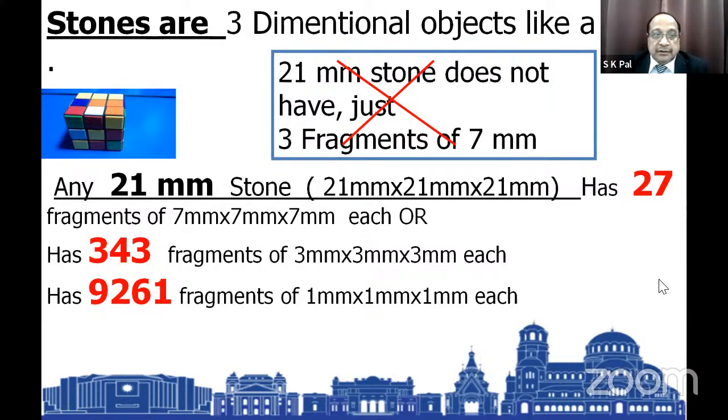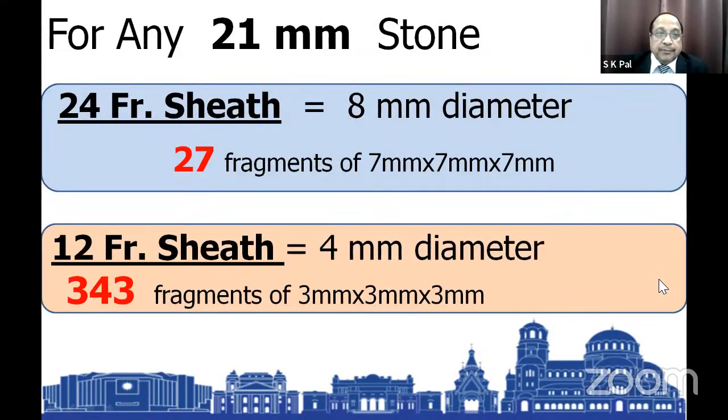If you take out 7 millimeter fragments of this, there will be only 27 fragments. But if you fragment it to 3 millimeter, there will be 343 fragments. And if you powder it to 1 millimeter fragments, there will be 9,261 fragments. So there is a huge stone burden.